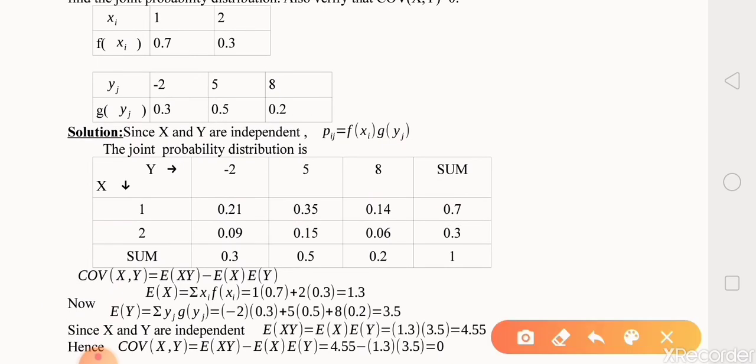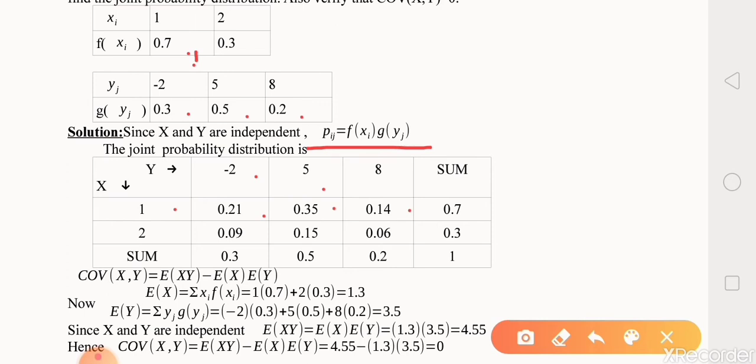Since x and y are independent, we have the expression for joint probability Pij. Use that. So when x equal to 1, y equal to minus 2, the probability is 0.7 into 0.3. It is 0.21. When x equal to 1, y equal to 5, so 0.7 into 0.5, it is 0.35. X equal to 1, y equal to 8, 0.7 into 0.2, 0.14.